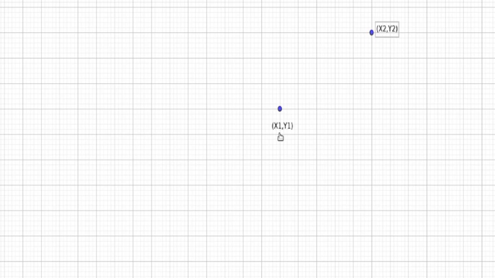One is (x1, y1) and the other is (x2, y2). Then I am going to find the distance between these 2 points. For that, first I am going to draw a rectangle using these 2 points.